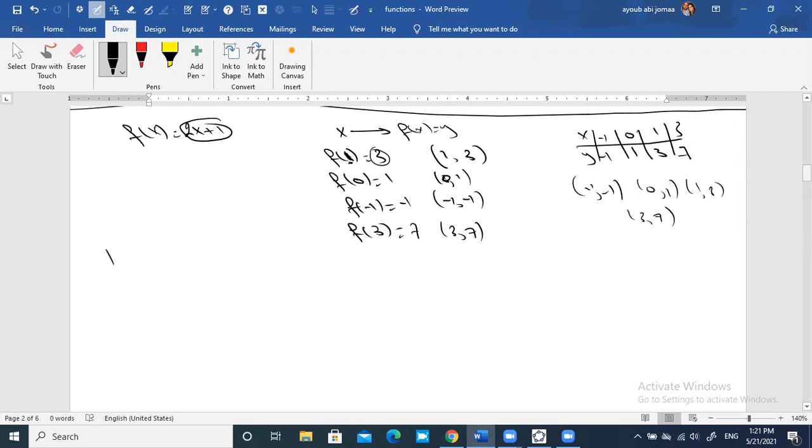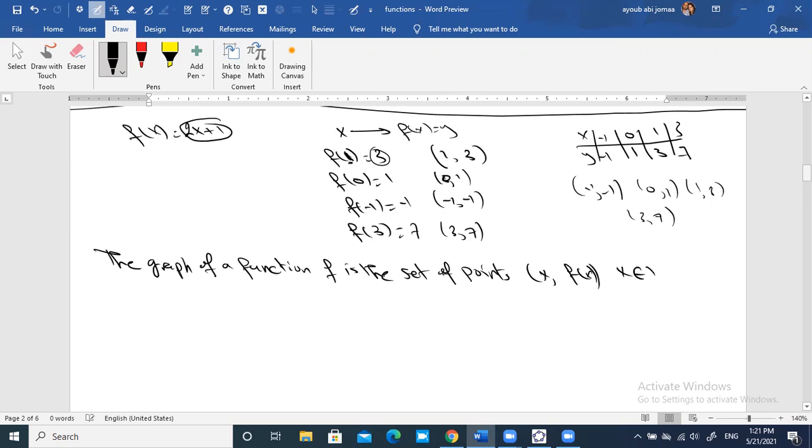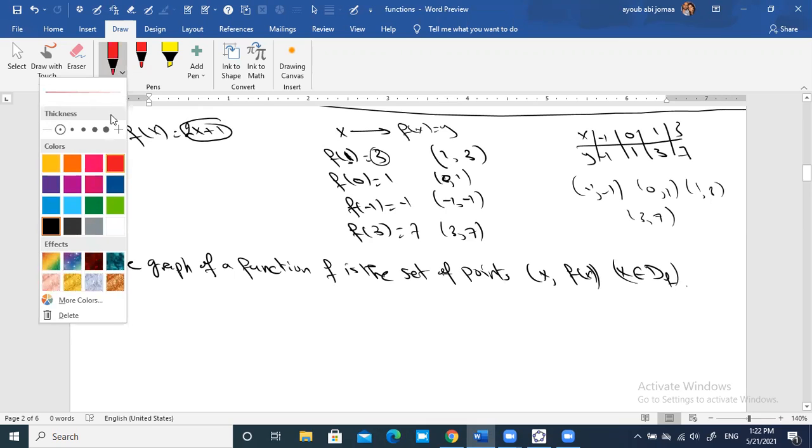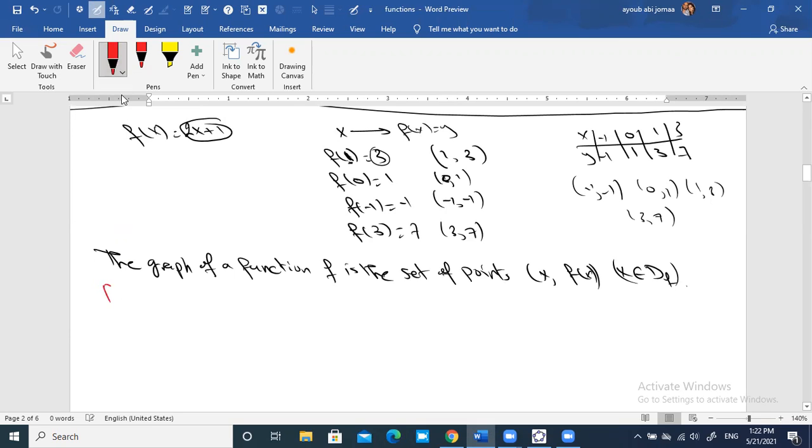The graph of a function f is the set of points x, f of x. Of course, where x belongs to the domain of the function. Okay, any point on the graph.